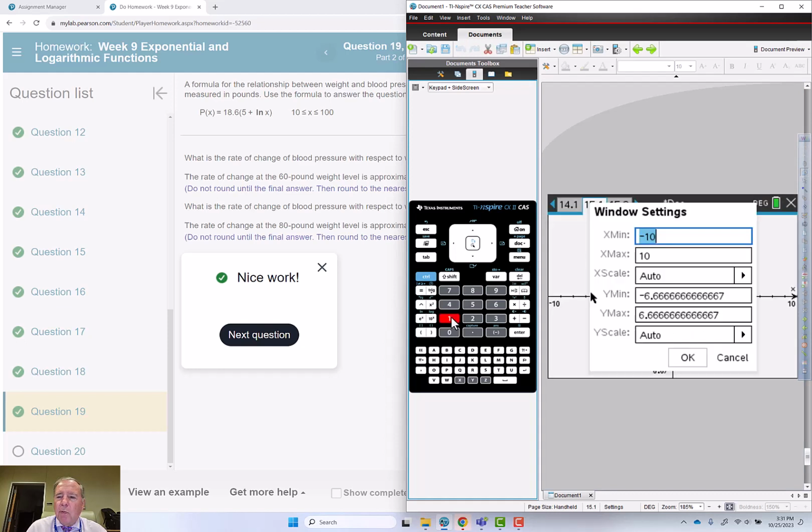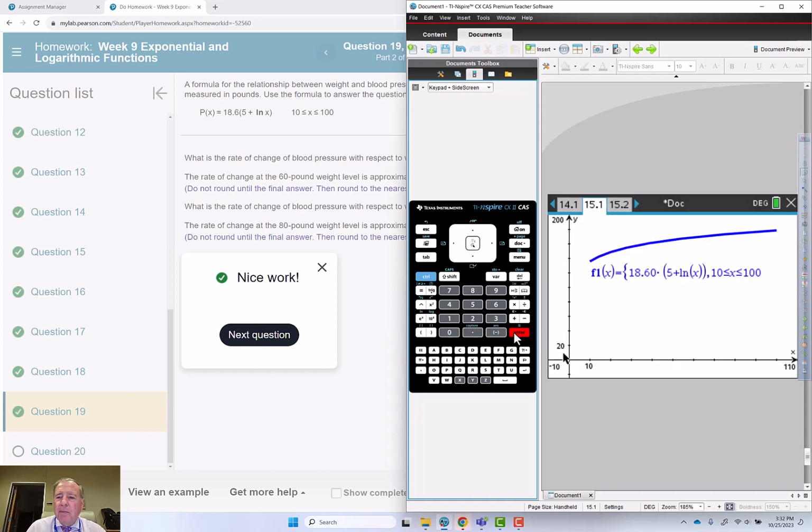Menu 4, 1. I'm going to stick with negative 10 and then go to positive 110. So a little bit of extra room, go by tick marks every 10. I like to see the y-axis, so I'm going to go negative 25 to 200 and go by 20s.